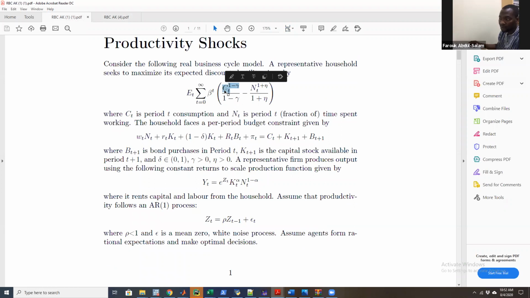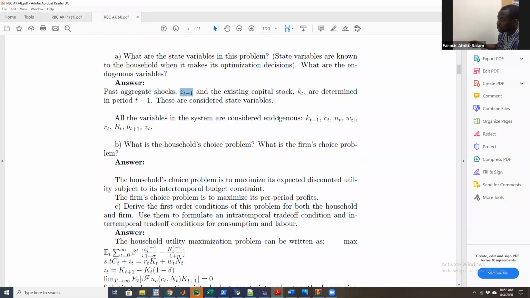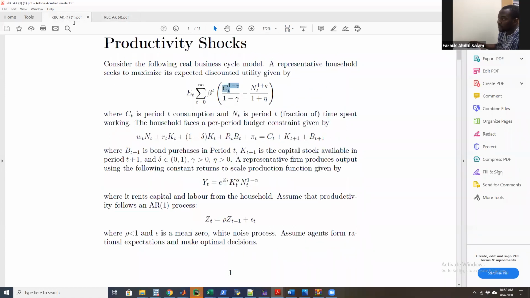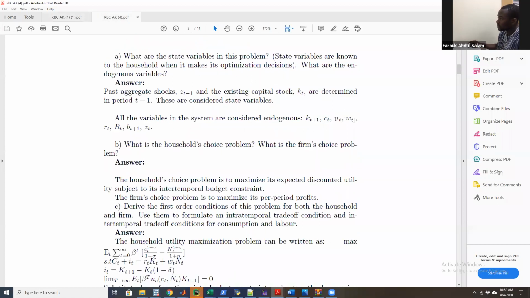So it is being determined within the model and it's being determined today. So we call that an endogenous variable. The same thing applies here. The individual is also making a decision as to how much to work in terms of the hours of work of today, which is NT. So that is also determined today, and is also an endogenous variable.